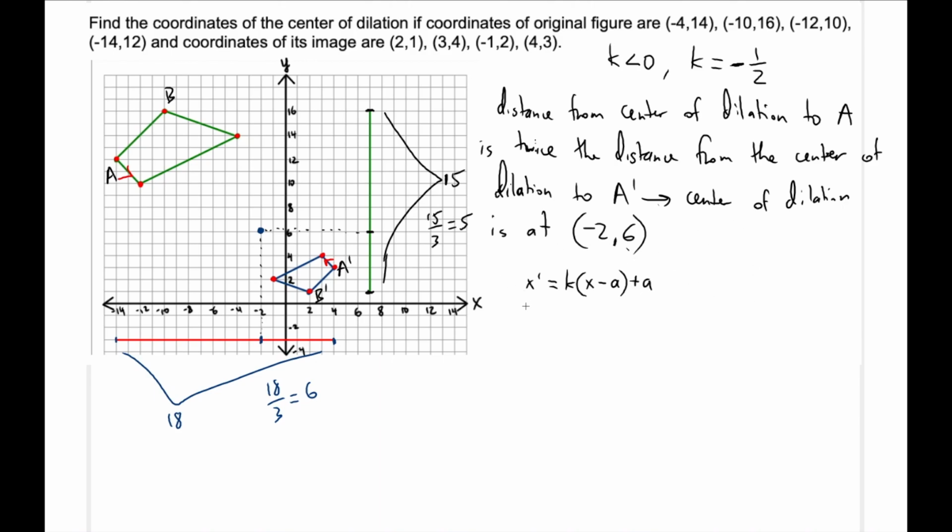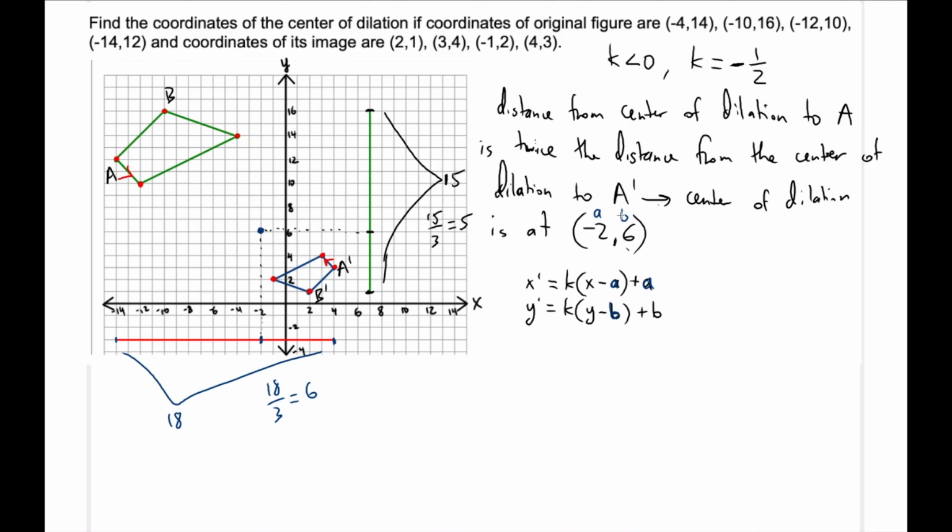And the y prime, the y coordinate of the A prime vertex, is going to be the same scale factor, times (y minus b) this time, plus b. And what are the a and b? The a and b are exactly the x and y coordinates of the center of dilation point. All right, so that's that.